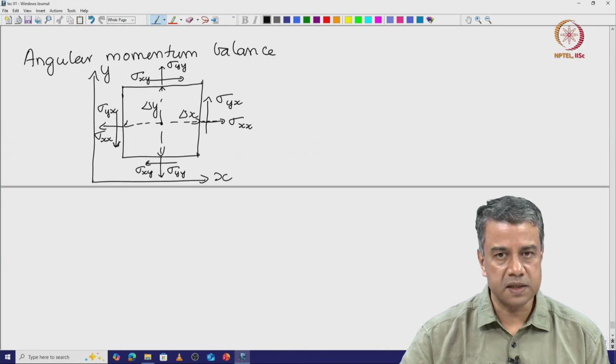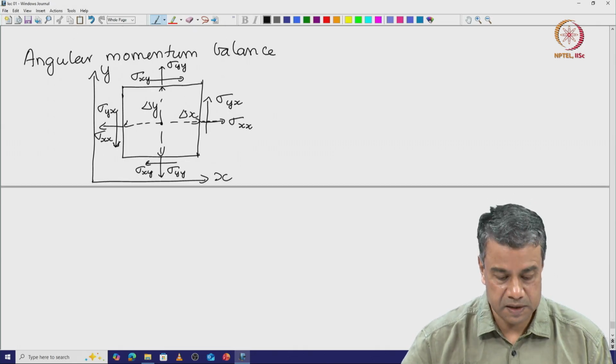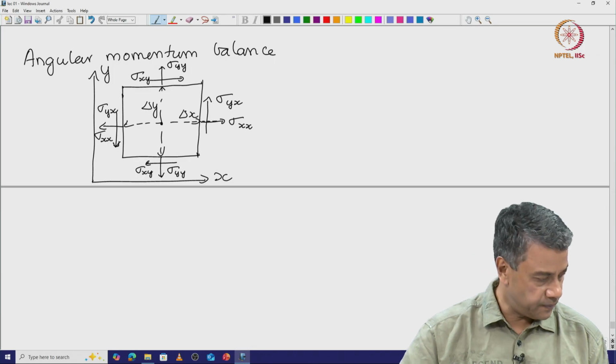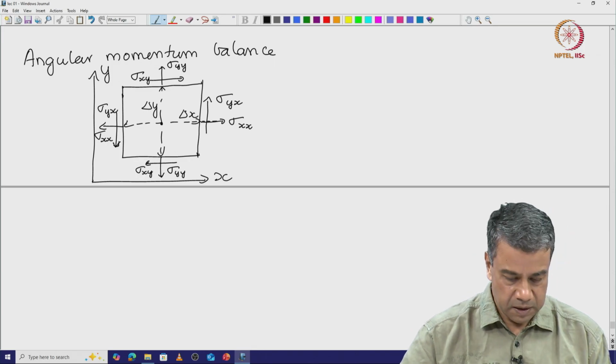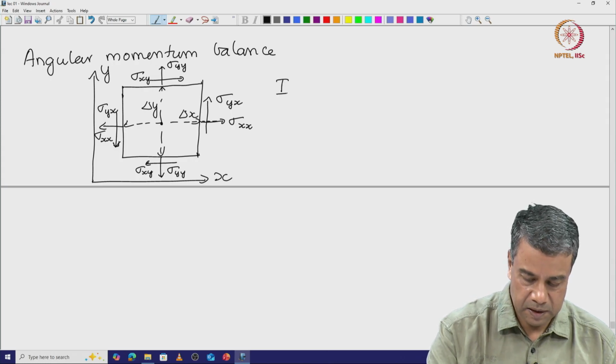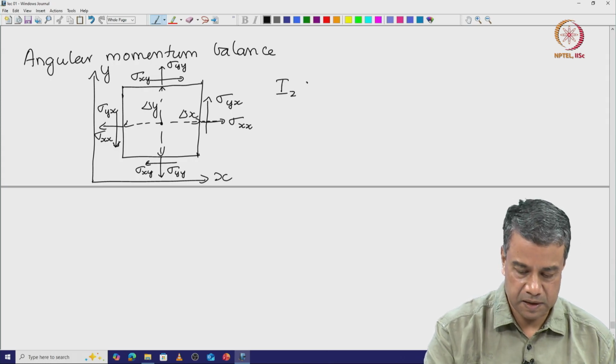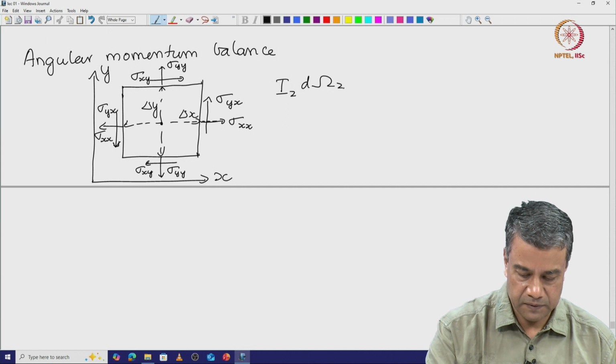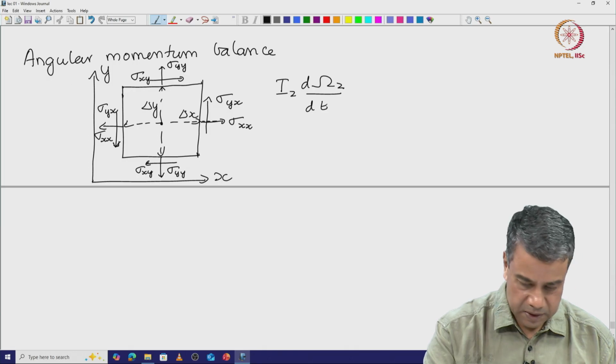So, for this let us calculate the total torque in the z direction acting at this volume. The angular momentum balance equation is that the moment of inertia in the z direction times the rate of angular velocity change in the z direction is equal to the sum of the torques.